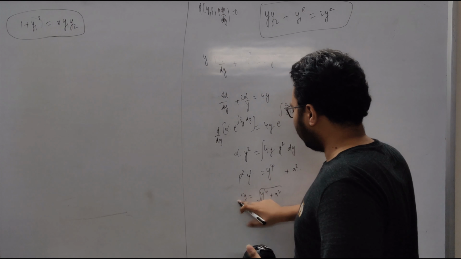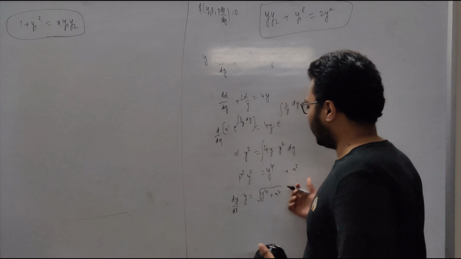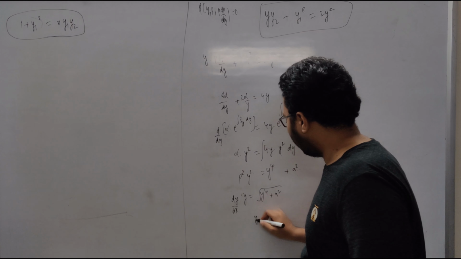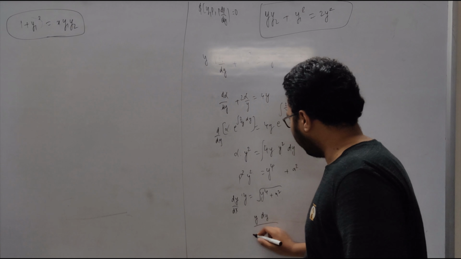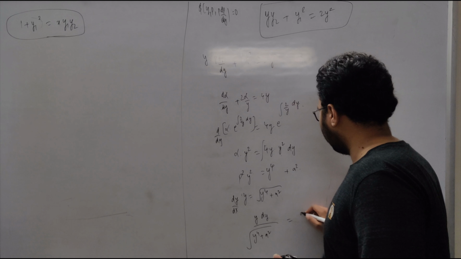This p is dy by dx, so we can send the dx to the RHS and bring the RHS term to the LHS. So we have y dy upon y^4 plus a square equals dx.